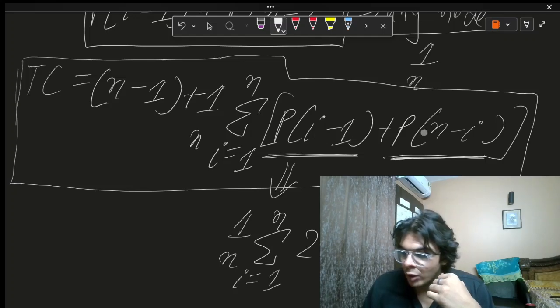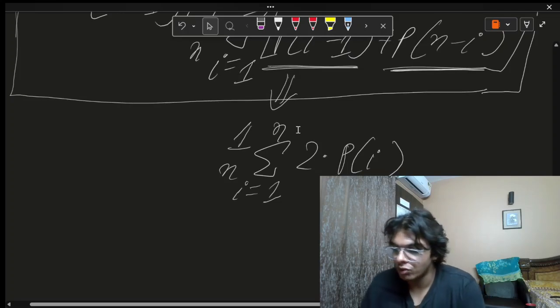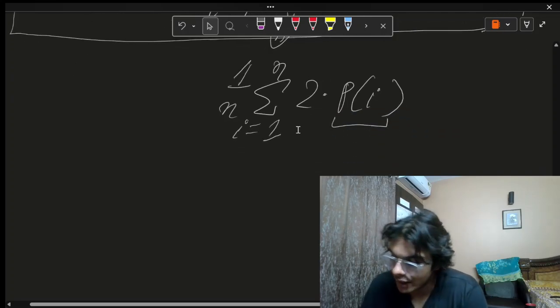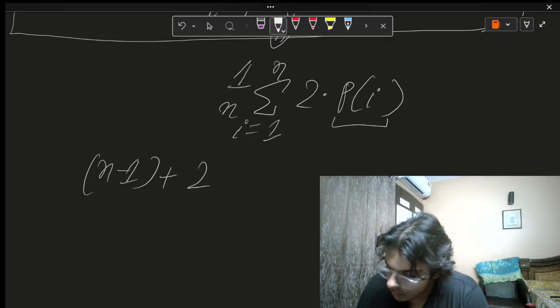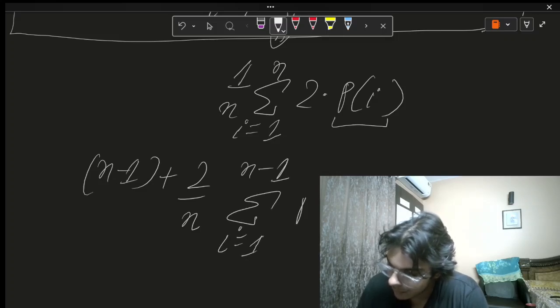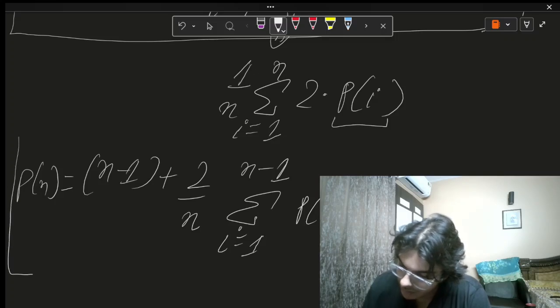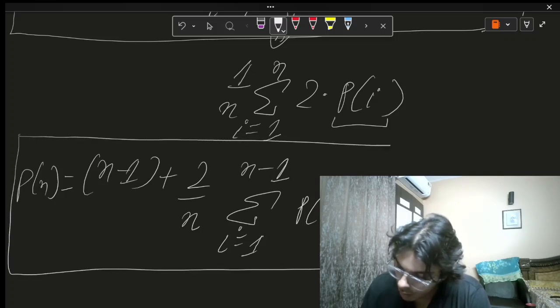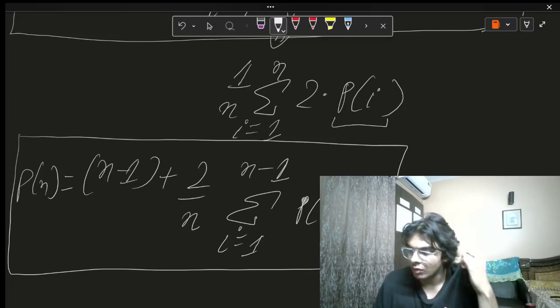So when I add p of I to p of I, I get 2 into p of I. So my final formula for the total cost of this binary tree, for the total path length of this binary tree, looks like n minus 1 for my root, and then this value right here for the left and the right combined. So this is what comes out to be. This is basically the path length or the total cost for this binary tree scaling. And why are we talking about a binary tree? Because it is scaling similar to an isolation tree. So this is what we calculate.